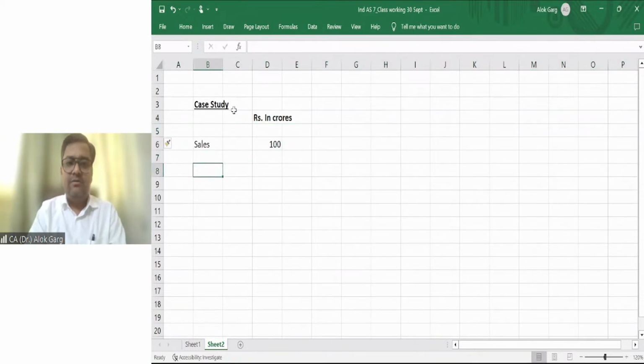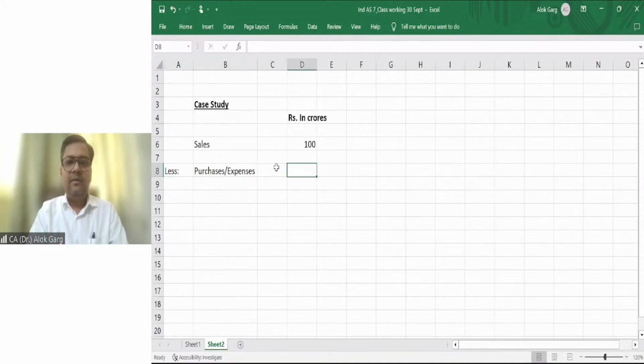Sales, or let's say revenue, of 100 crores, less purchases and expenses, is let's say 60 crores.